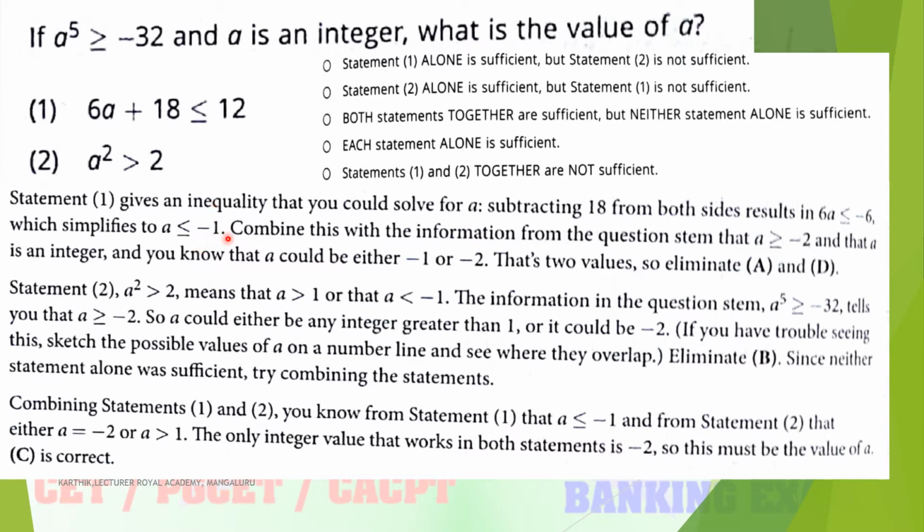Then combine this with the information from the question stem. In the question, what is given? a to the power of 5 is greater than or equal to -32. So how to find the answer for a? The value of a is nothing but the fifth root of a to the power of 5. So a is equal to -32 to the power of 1 by 5.